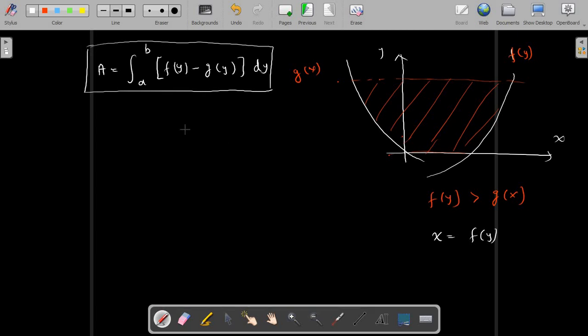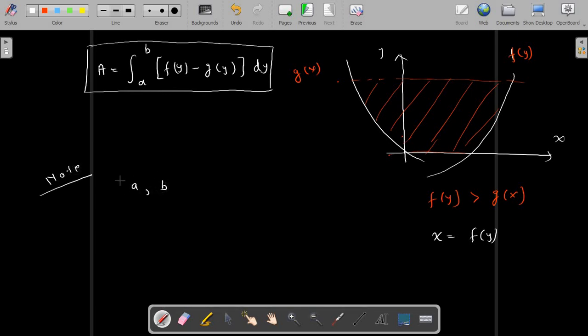No. Okay. So that is just the introduction of your 6.1, and there is nothing more in this. Suppose they haven't given you the graph, then how will you decide which function is greater and which function is lower? They must have given you some values of a and b.